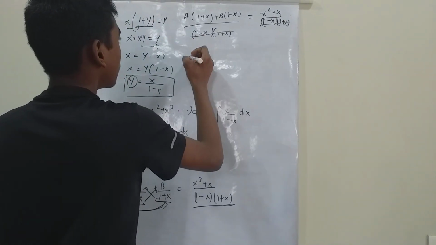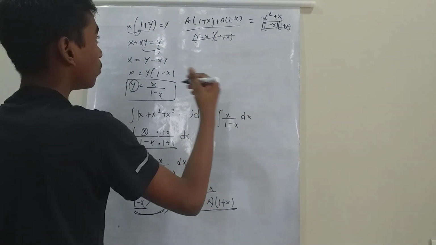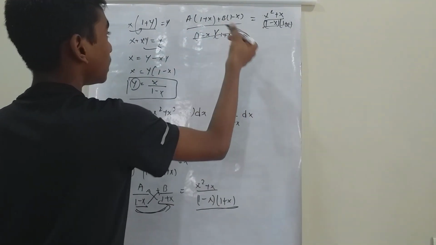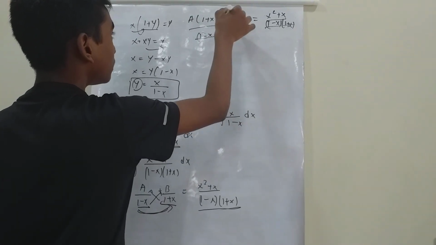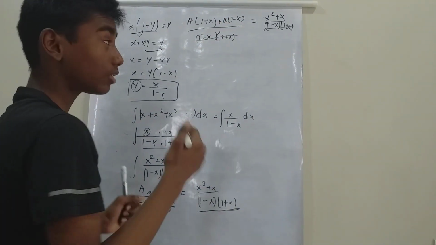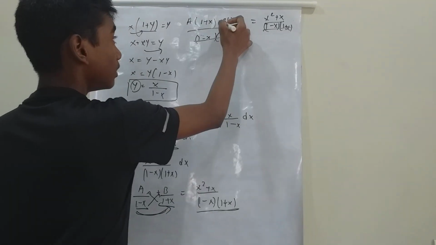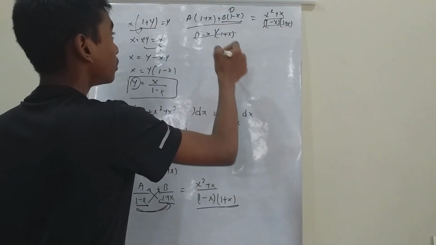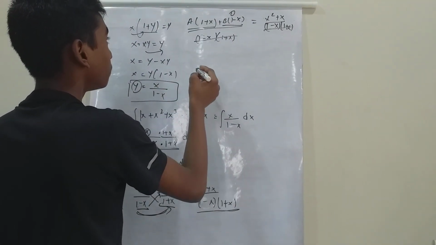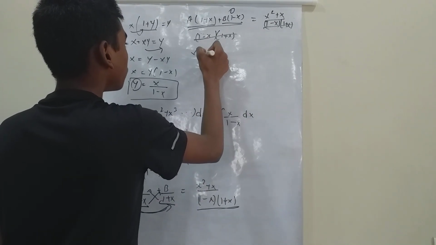Right, so if I take x equals something like 1, then 1 minus 1 equals 0. So when I take 0 times b, it's 0. So we could just find the value of a. So x equals 1.